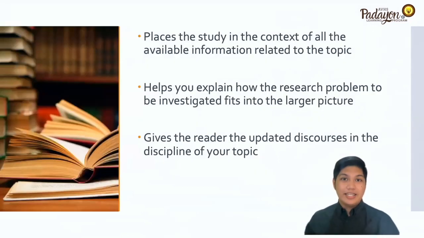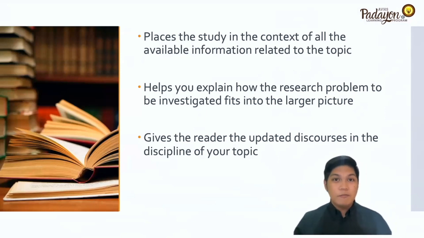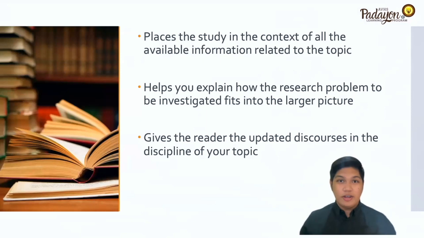Also, review of related literature places the study in the context of all the available information related to the topic. It helps you explain how the research problem to be investigated fits into the larger picture, and it gives the reader the updated discourses in the discipline of your topic. That's the reason why it's really important that prior to creating your research title, there should be a backup of related literatures that could support your claims towards your research topic.